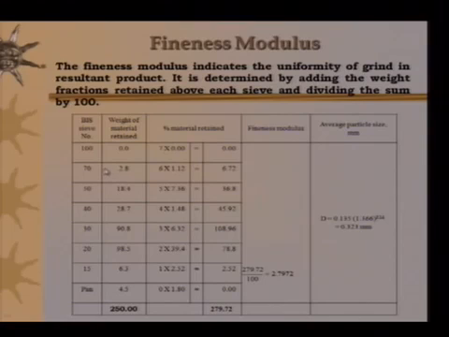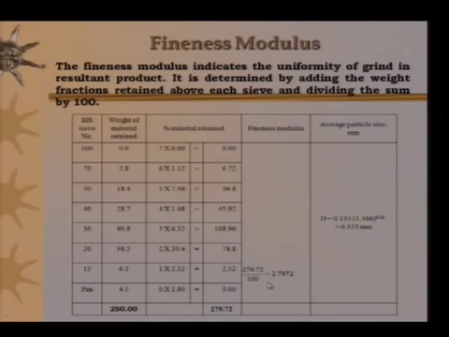After 5 minutes, you take out all the 7 sieves, that is 100, 70, 50, 40, 30, 20 and 15, and the pan, and then you weigh the weight fraction retained on each sieve. Then you calculate the percentage of material retained on each sieve, and with that you calculate the fineness modulus.